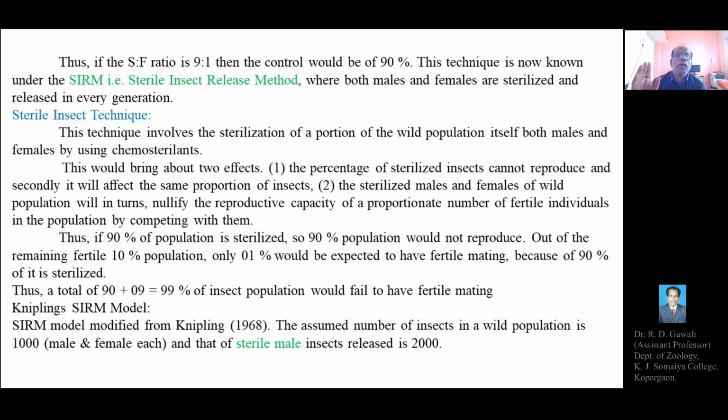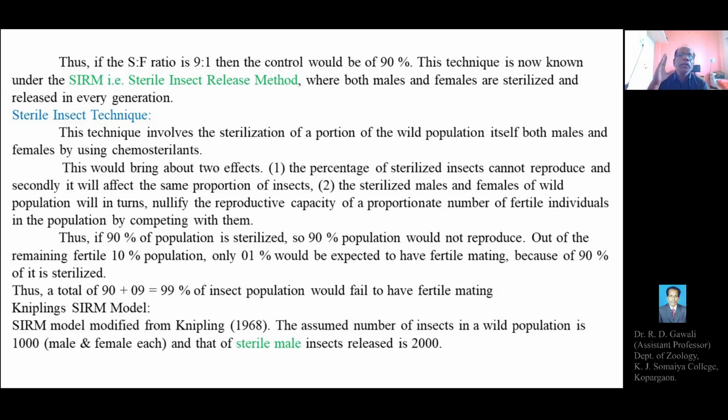This technique involves the sterilization of a proportion of the wild population itself, both males and females, by using chemosterilants. So with the help of chemosterilants, we can bring about sterility in both the sexes, males and females.